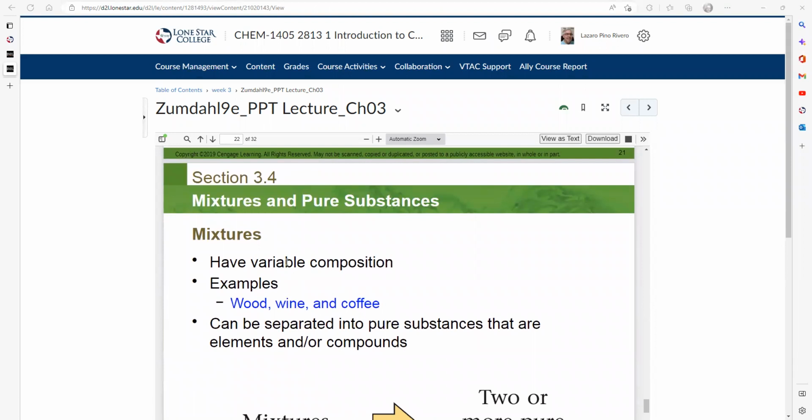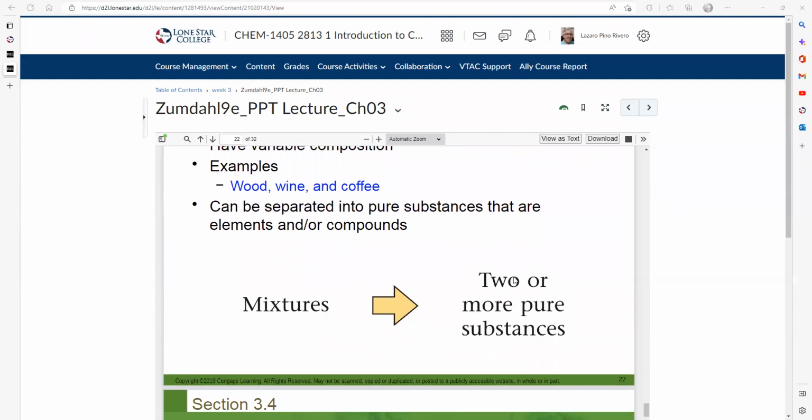Well, then mixtures. Mixtures can be homogeneous or heterogeneous. In a mixture, you have two or more substances mixed, and you can separate them by different methods.